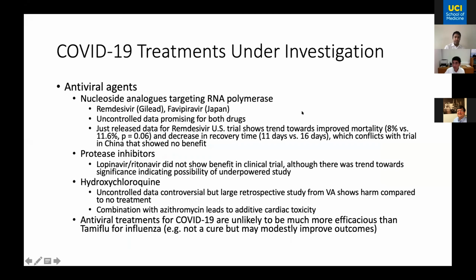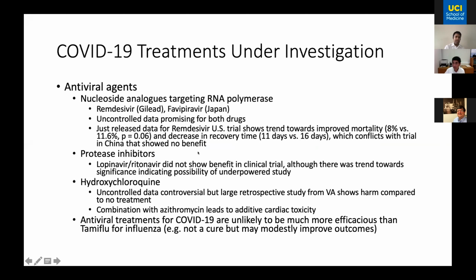This analysis showed what looked like a decrease in mortality, at least a trend, although it wasn't quite significant yet because this was only a partial result of the trial. There was also a decrease in recovery time, 11 days versus 15 or 16 days for the patients who didn't get the drug.